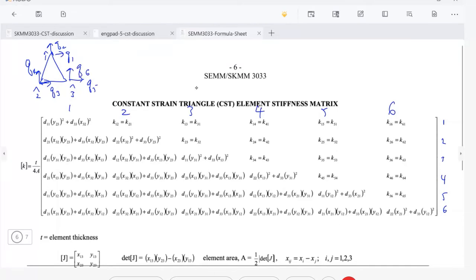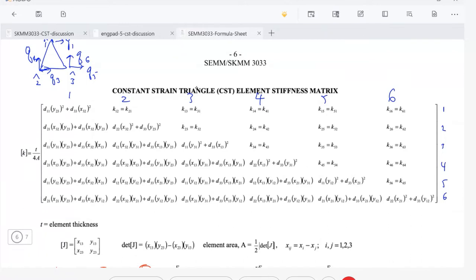So this corresponds to all the degrees of freedom, 1, 2, 3, 4, 5, and 6. So this is very important.